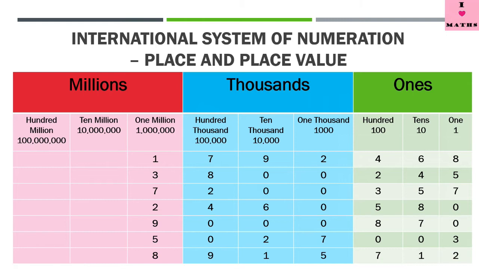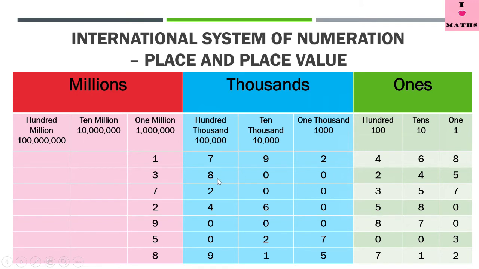Come, let us read the next number. Now in the next number, 3 is at the millions place. So simply, we will say 3,800,245. Now, in the thousands period there is 800, and if we have to read 800, what do we say?